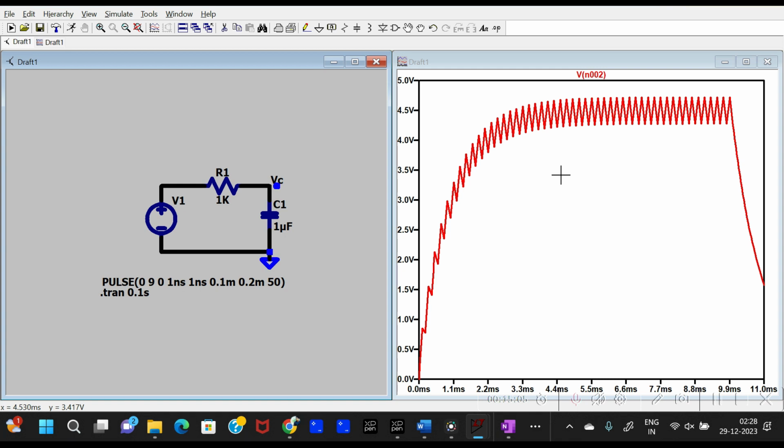But the question is, how do we find out the average value at this point? After a couple of milliseconds, what value do we get at the end?